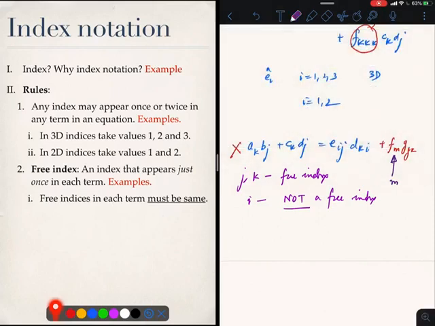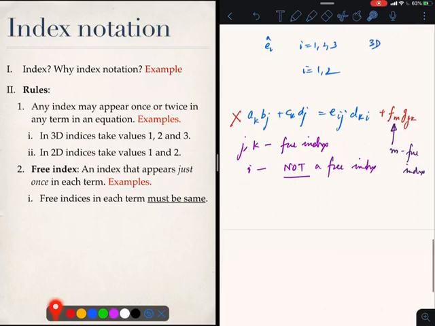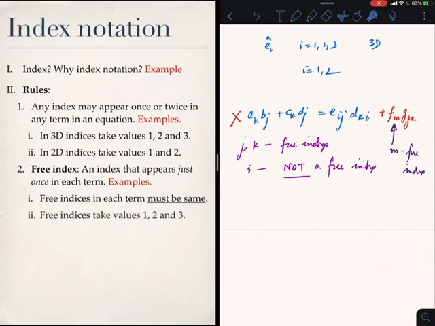So that's what this statement means, that the free indices in each term must be the same. Okay, not okay. As usual, free indices can take the values 1, 2 and 3.